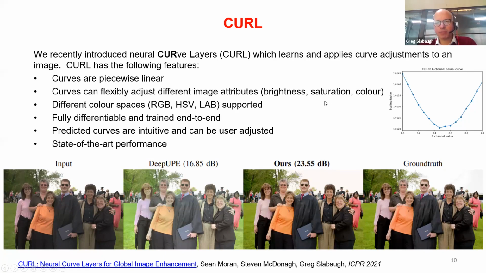And we estimate the curves in an end-to-end neural network architecture. We got some state-of-the-art performance. The other nice thing about this approach is that the curves are intuitive. Artists already use curves to enhance images, so you can show them the curve, and if they're not happy with the automatically estimated curve, they can adjust it. This work was published at ICPR this year.